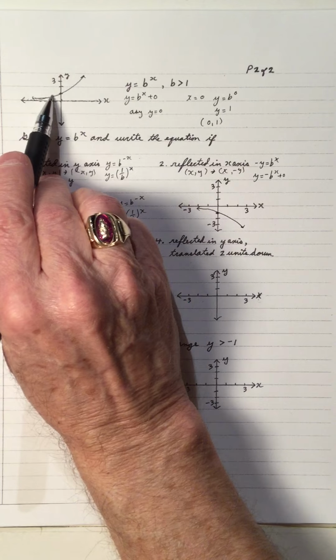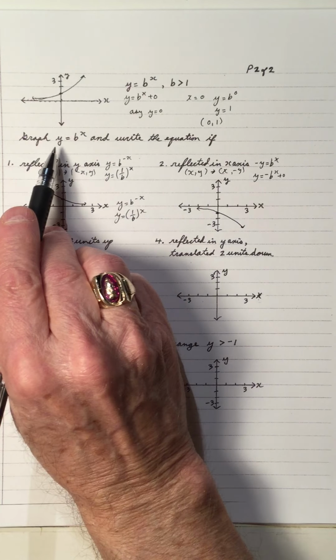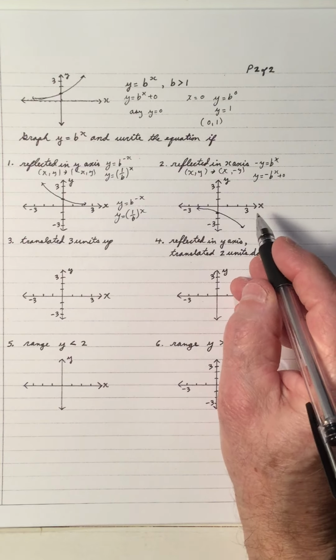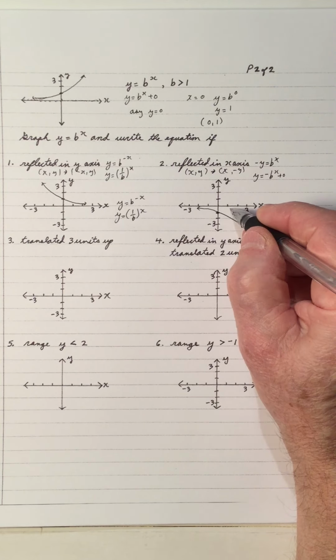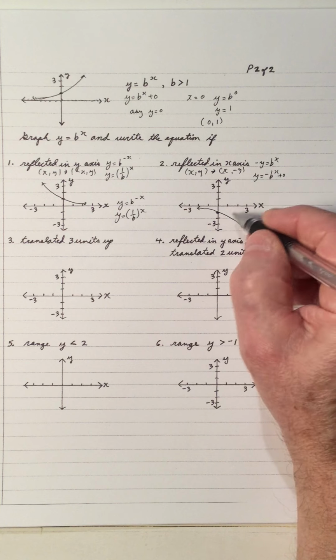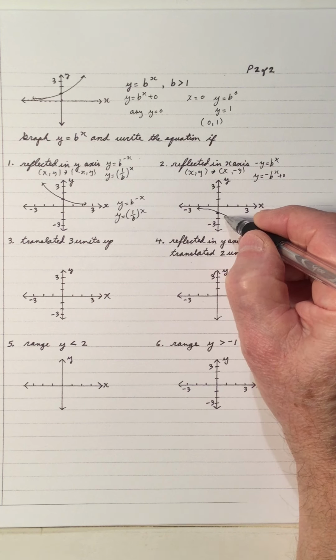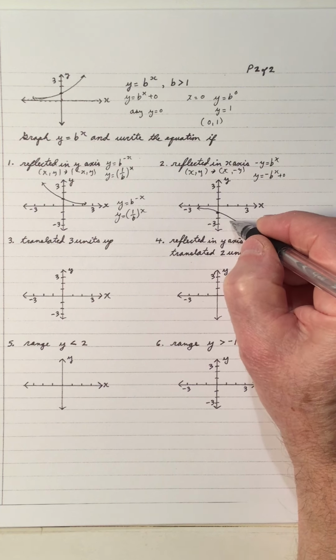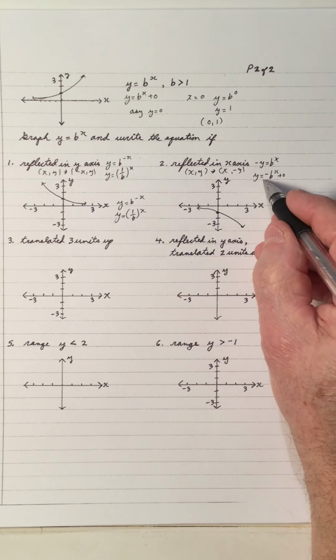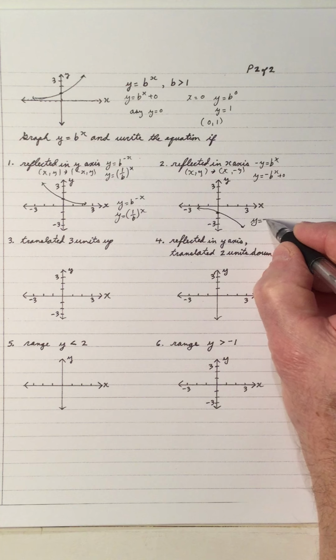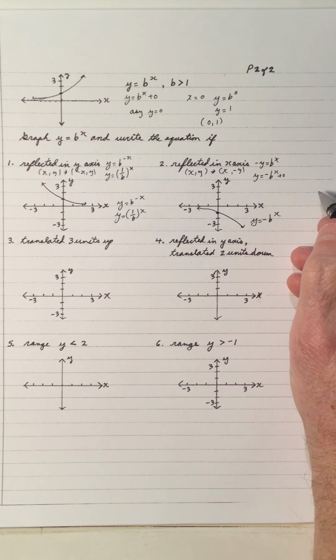You can imagine if you're looking at this and you reflect it this way over here, then there it is. And you can see that the asymptote is y equals 0. The range this time, because it's a negative, is y is less than 0. And there's the equation: y equals negative of b to the x.